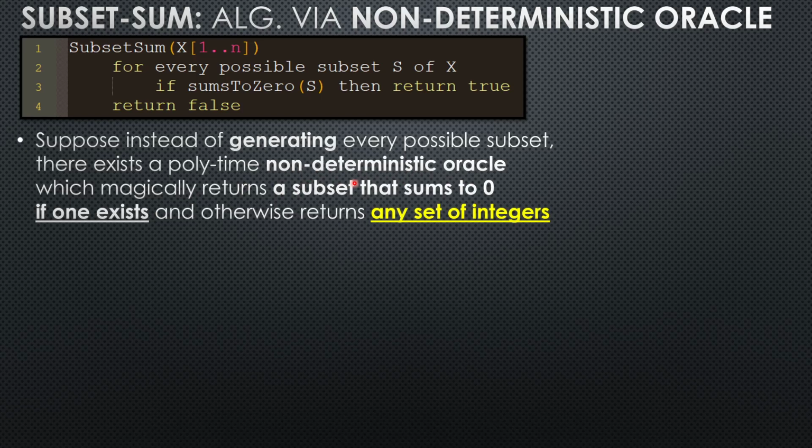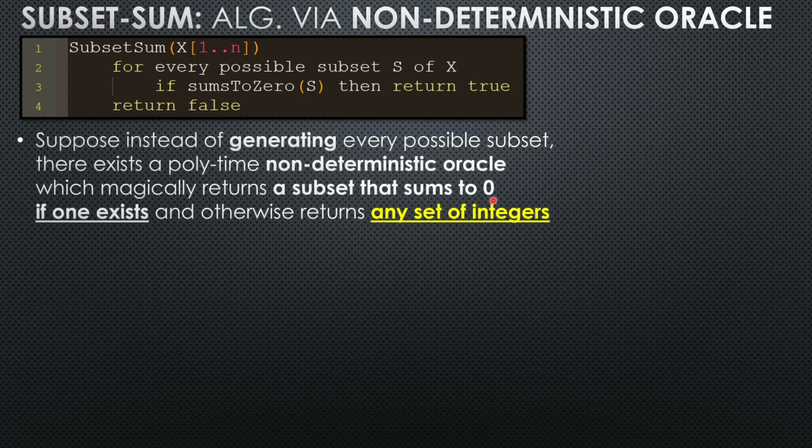Non-determinism means something like randomness, so it can flip a coin and guess magically. If there is a subset that sums to 0, this oracle is very powerful. It will, guaranteed, magically return a subset that sums to 0.